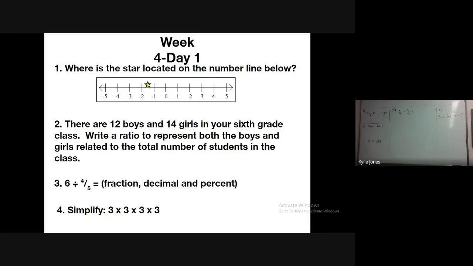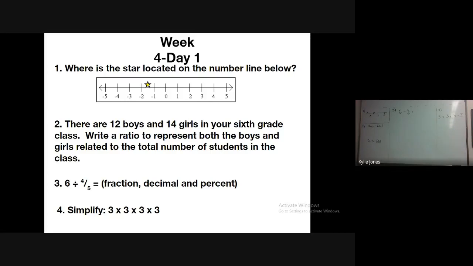I only got one other question. So you're doing the number of boys to the total. So how many boys are there? 12. So the 12 boys are there. Now when it says total, it means how many kids are in the class. So that's the boys to the total.